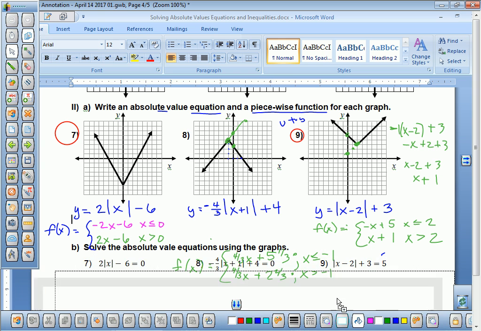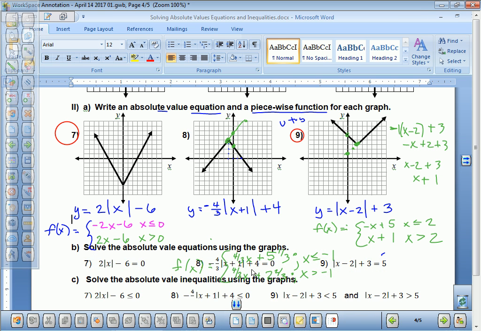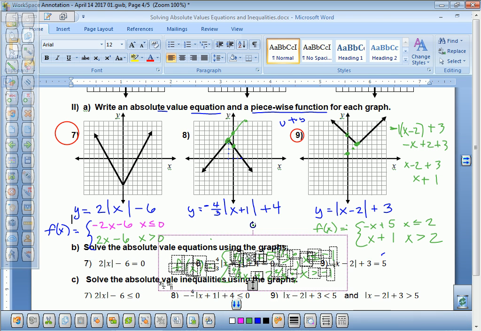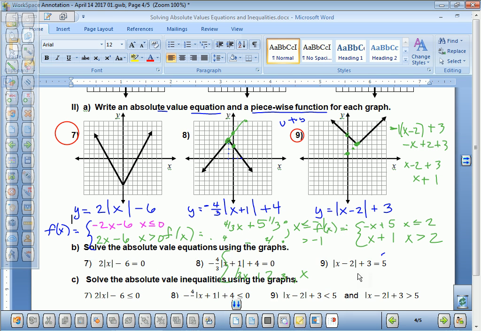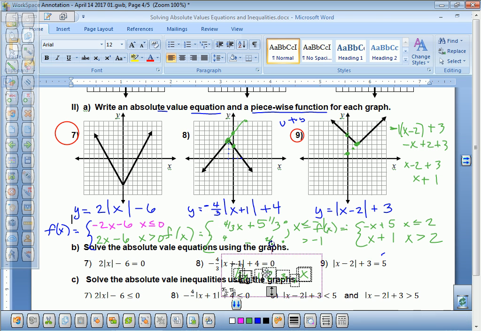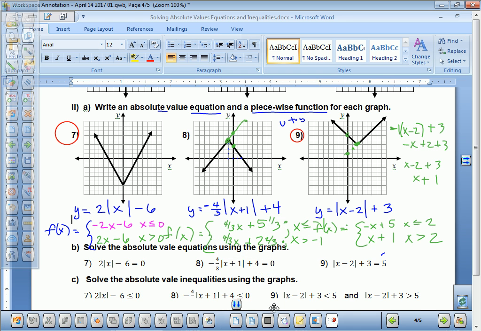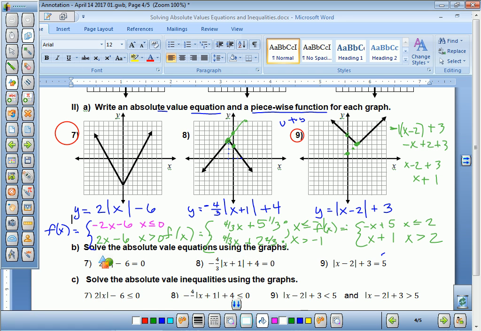We'll slide it. Things just really aren't working out for me right now. I've had technical glitches all day long. There we go. Did it.